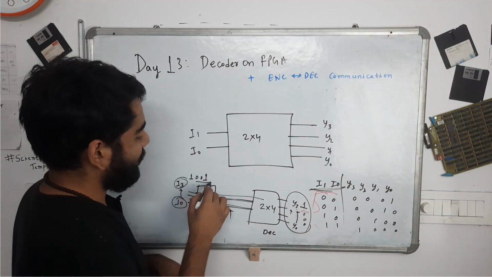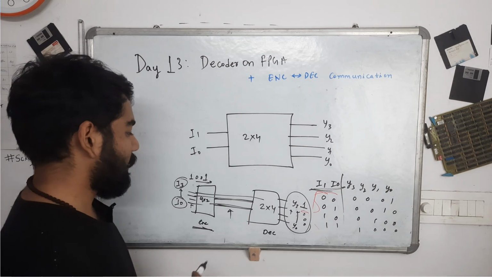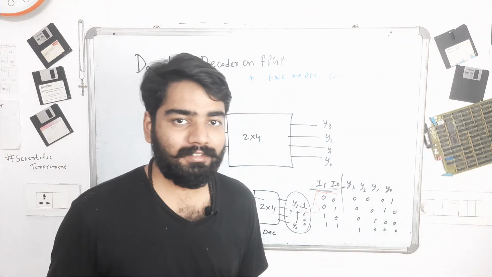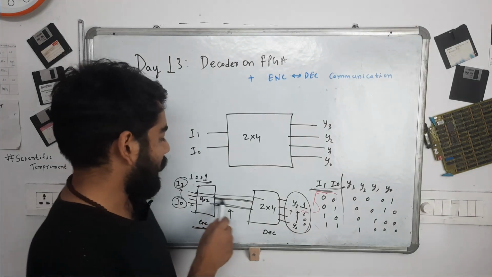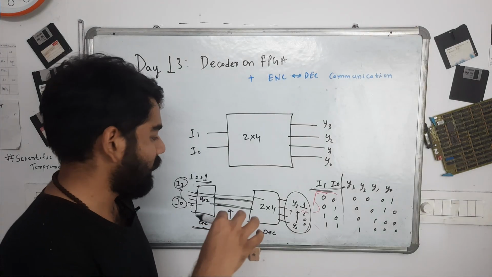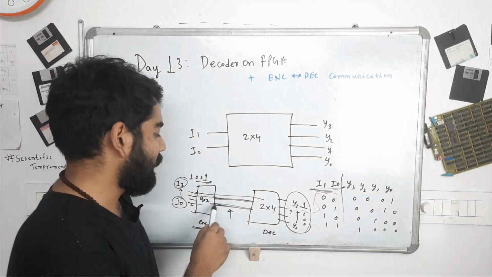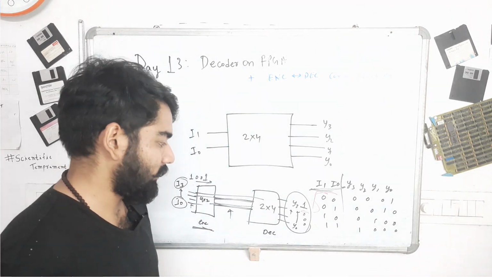So it won't show any of these, because of the manner in which a priority encoder works. So this is the catch. But if you have one input at a time, you can basically just reduce these wires over here.